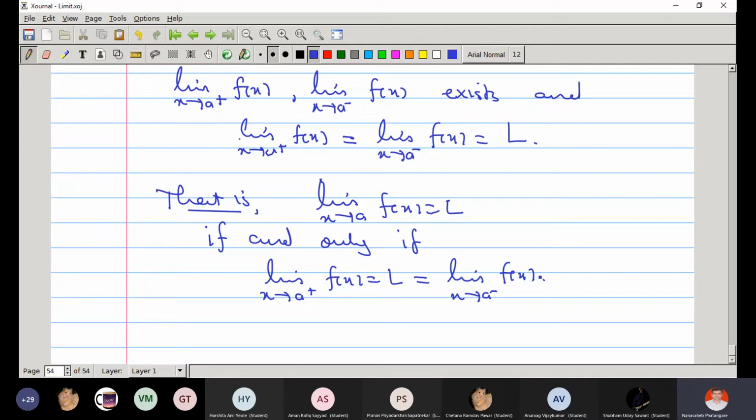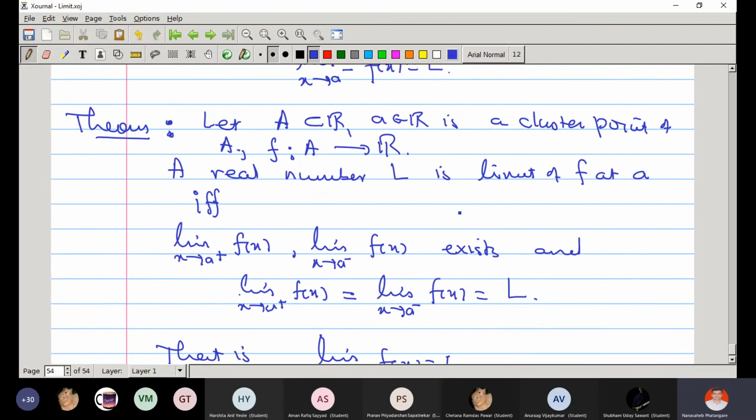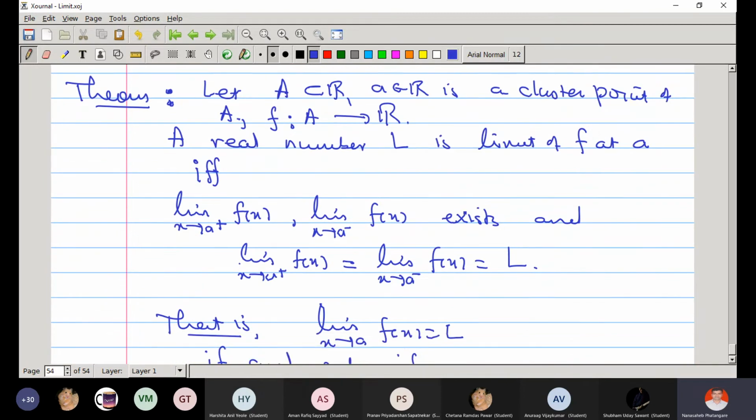And so what does it mean? If right hand limit and left hand limits are not equal, then L is not a limit, or the limit of the function does not exist. This is a result we were already using, but this is true. Okay, so how to write the proof of this?